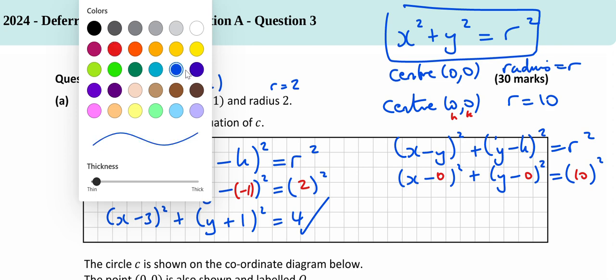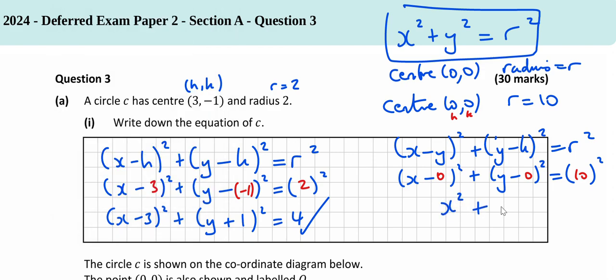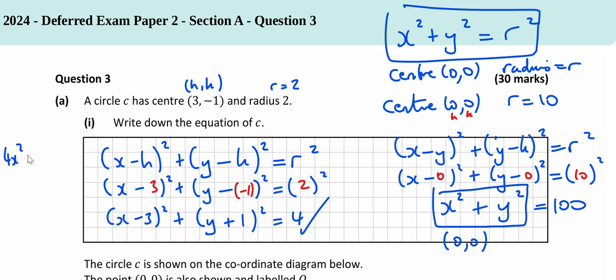And lo and behold, what did you find? x minus 0 is x squared. Any circle with centre (0, 0) and radius r always had x squared plus y squared, and that meant the centre was always (0, 0). One of these years, the following is going to come up: 4x squared plus 4y squared is equal to 16, and all of a sudden you're like, oh my god, I've never seen one of these before.